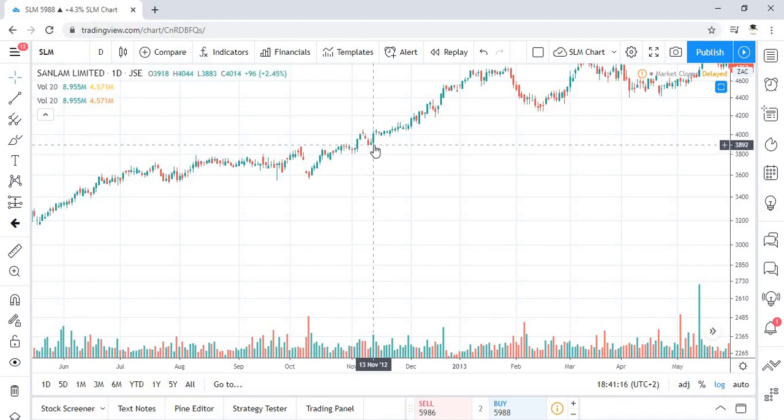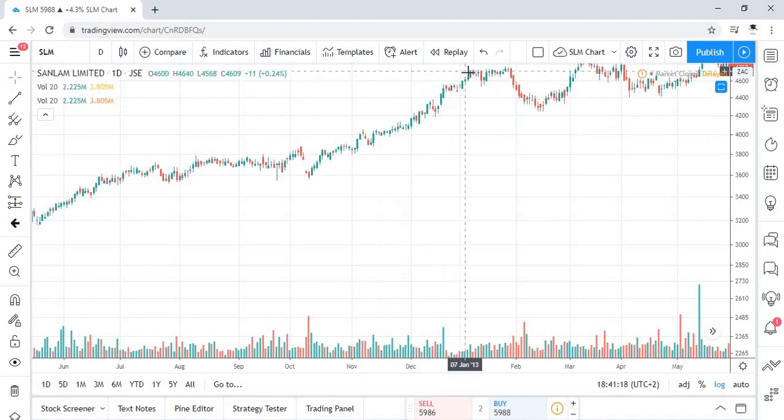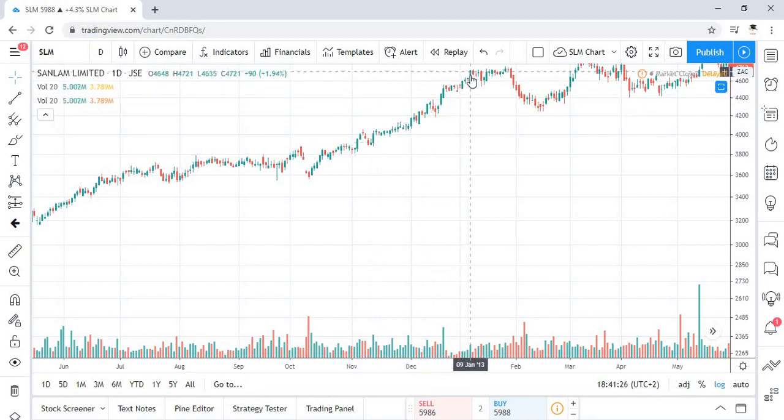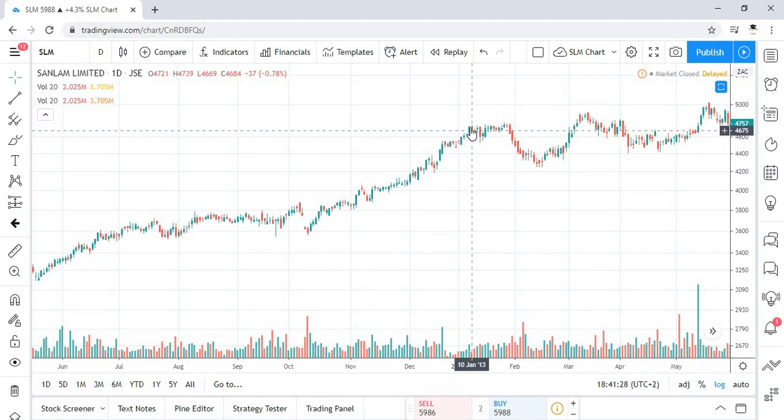Like here, this was the 13th of November up to the 9th of January. But if you look there, it moved from 39 Rand up to that point where it was 47 Rand. So they know that they would have made that 8 Rand per share within that period of just over a month.